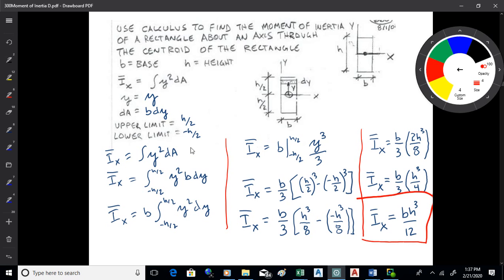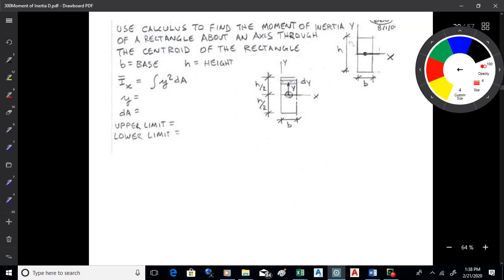So we need to have a way of calculating a moment of inertia about an axis other than the centroid. Okay, this is the centroidal moment of inertia, but moment of inertia will change depending on where your axis is, because that affects the measurement of y. So we need to have a way of handling that idea, that we're not usually using the centroid of each of the rectangles. Okay.